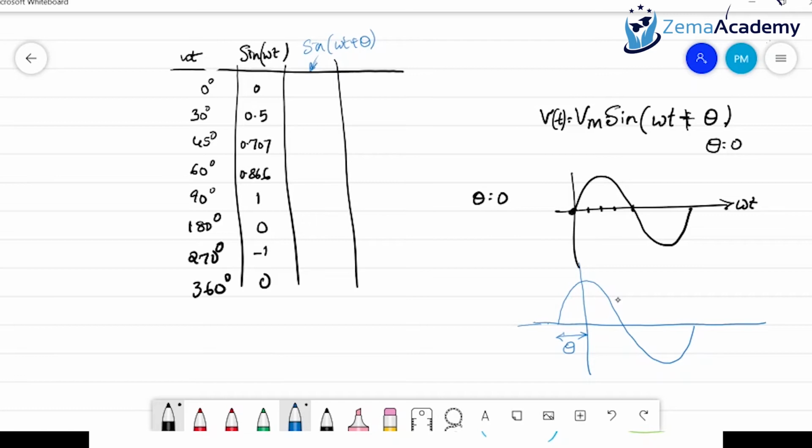At t equals 0, what is the value of sine omega t plus theta? Let's say that's the maximum, then that should be 1. That means that theta is actually 90 degrees.